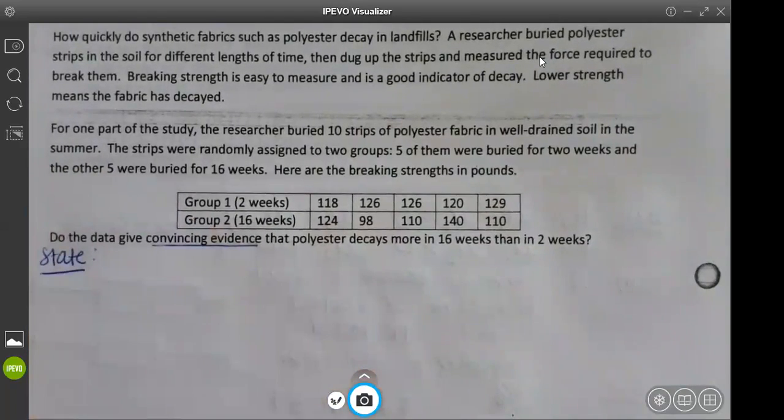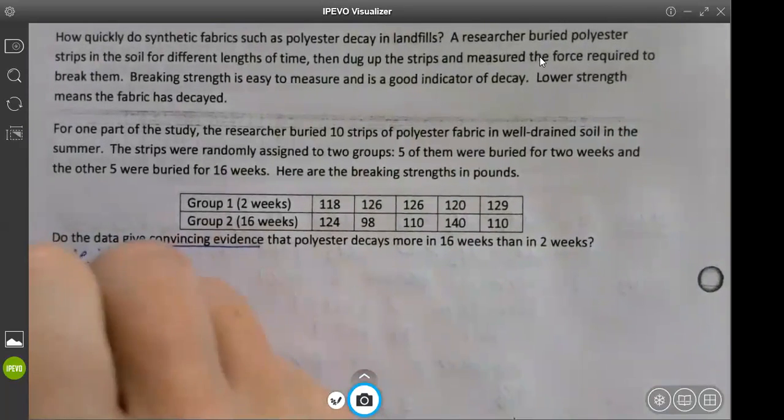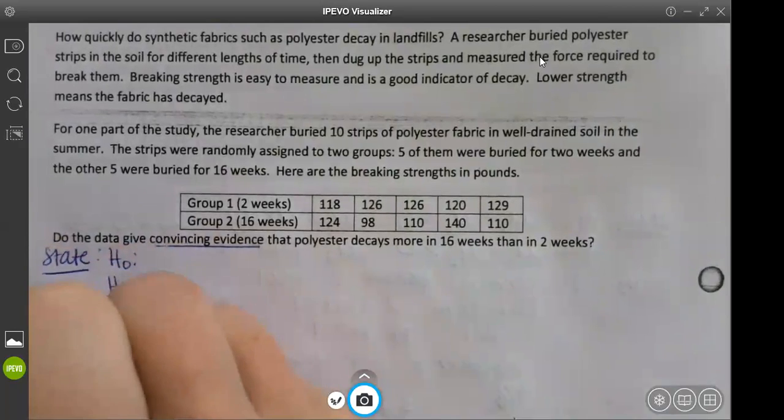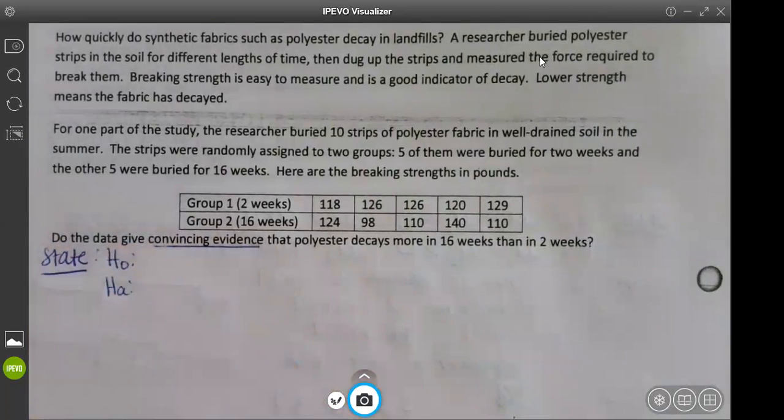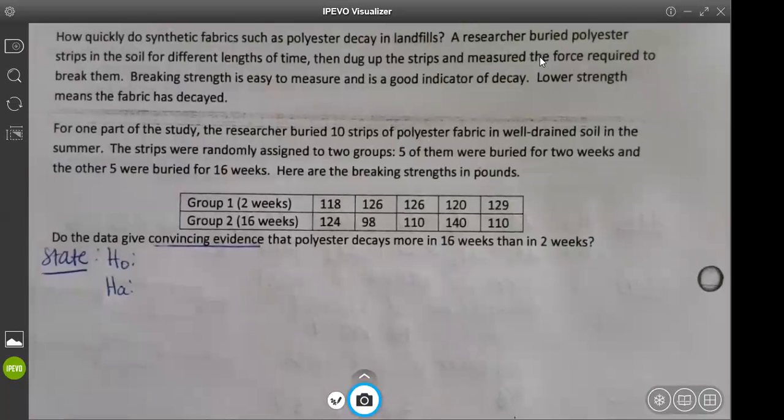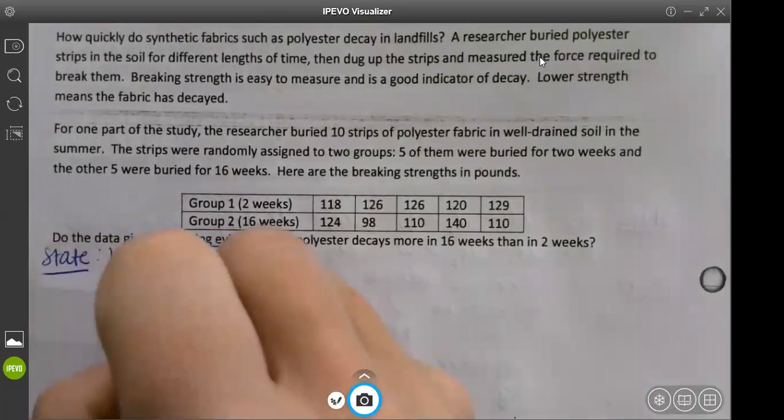So what goes in our state? We're going to start with our null and our alternative. So what's our null? Yep.